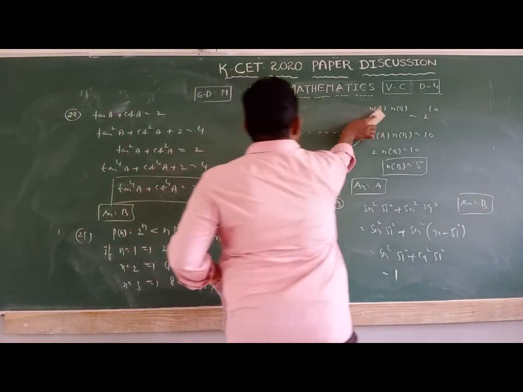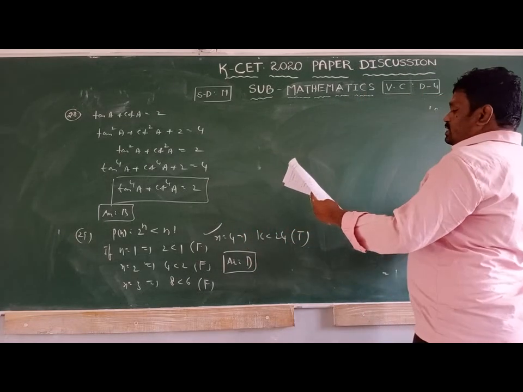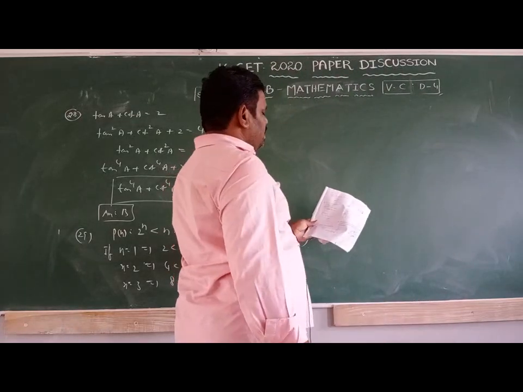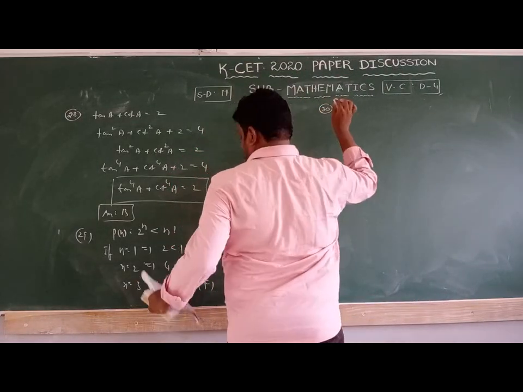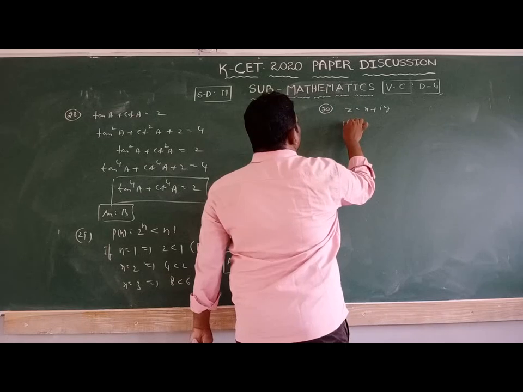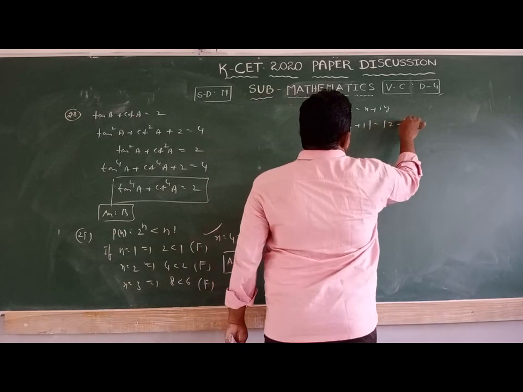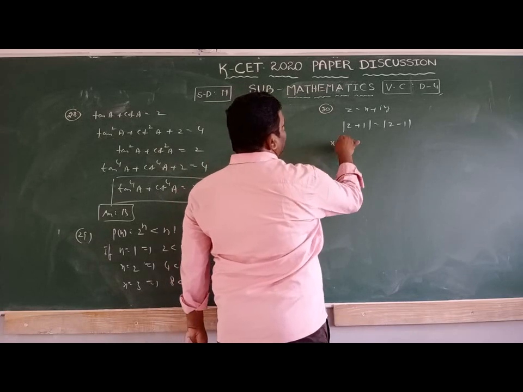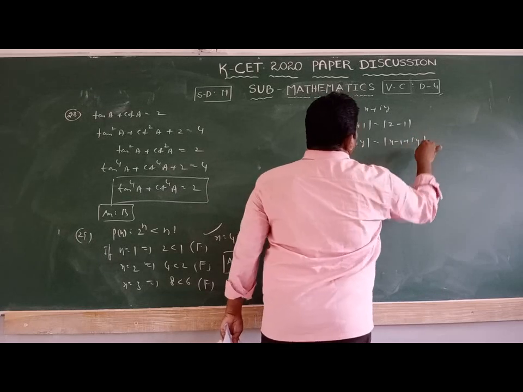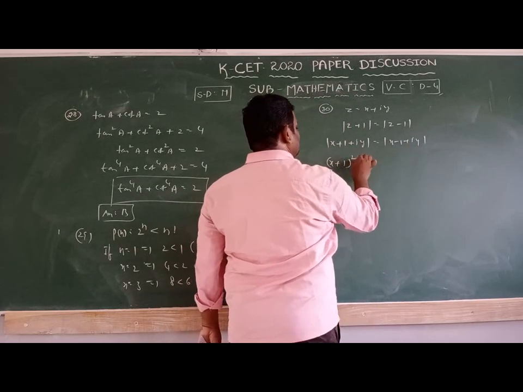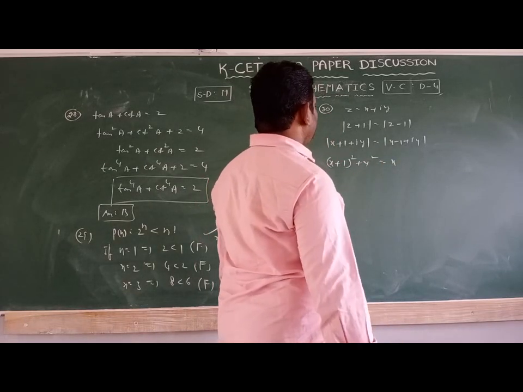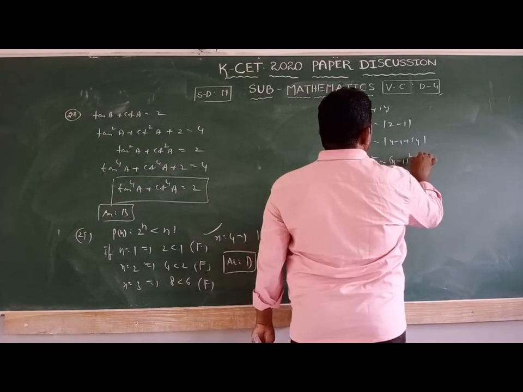Next, a complex number problem, question 30. z is equal to x plus iy, given the relation mod of z plus 1 is equal to mod of z minus 1. Then x plus 1 plus iy is equal to x minus 1 plus iy in modulus. Squaring, x plus 1 whole square plus y square is equal to x minus 1 whole square plus y square.